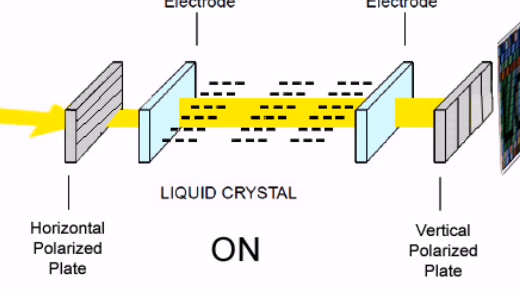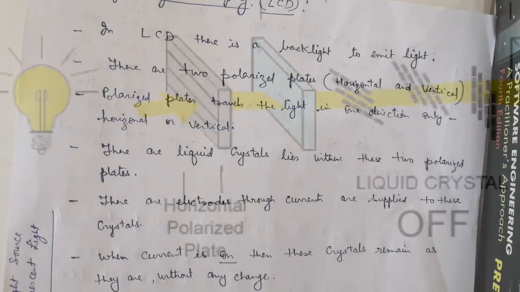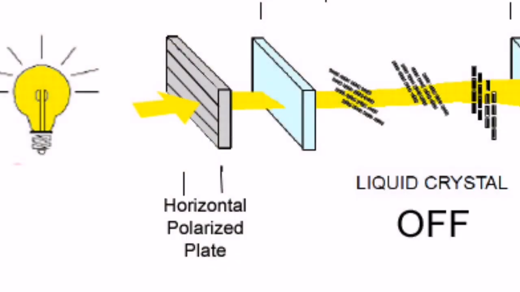Now, what is the task of the glass plates? When light from the source CCFL starts dispersing, scattering all over the place, the horizontal plate allows only horizontal light to travel along.